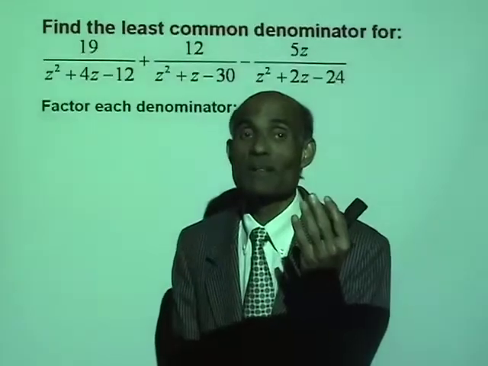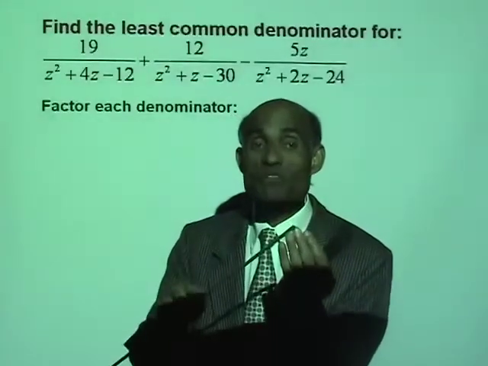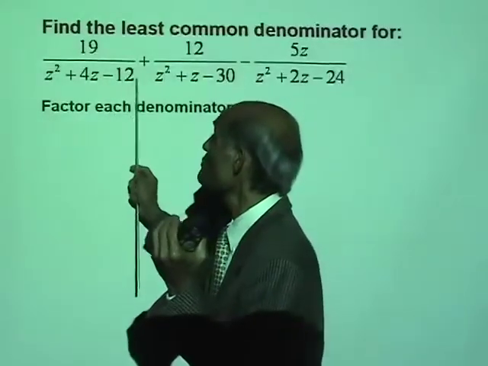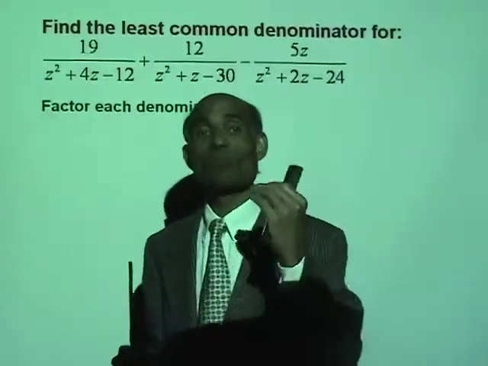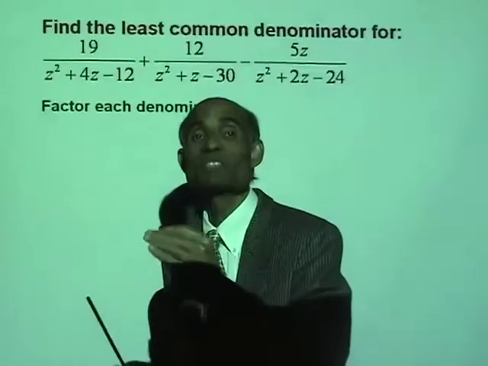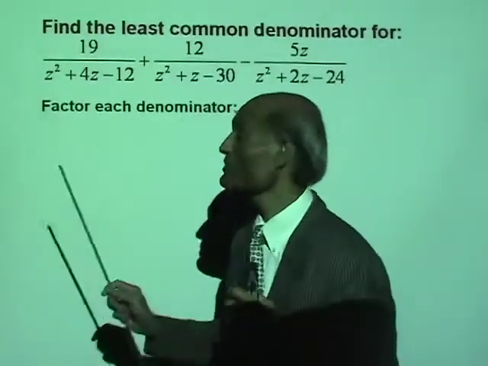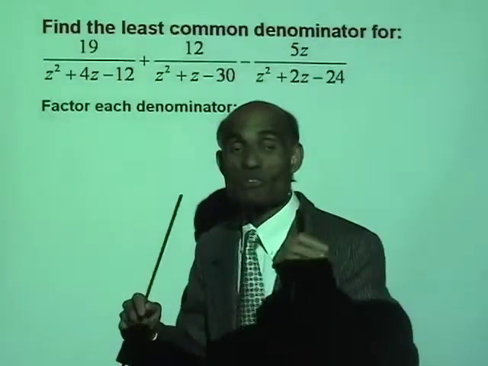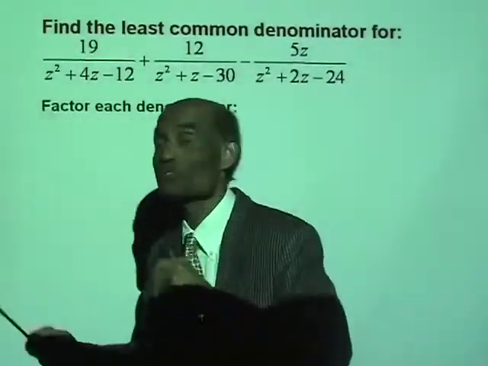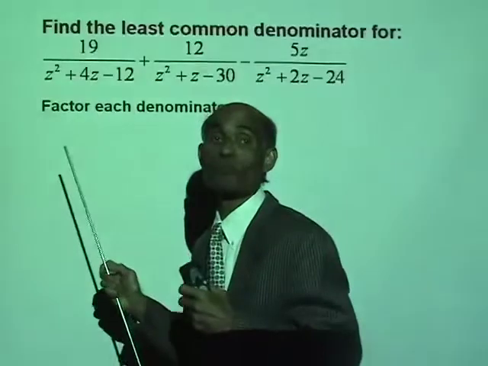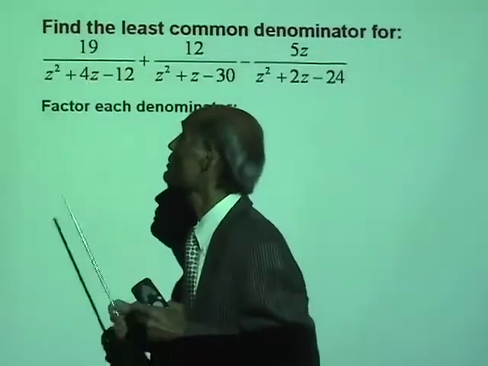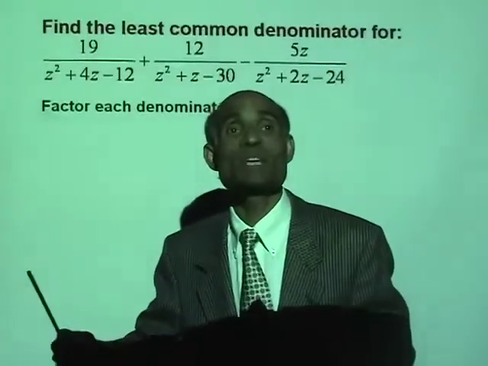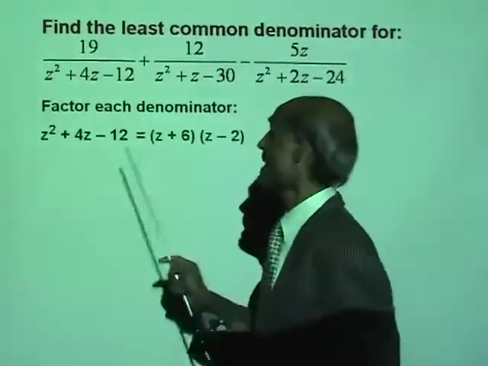The answer is positive 6 times negative 2. Positive 6 times negative 2 is negative 12, and positive 6 added to negative 2 is positive 4. So the factors are z plus 6 times z minus 2.